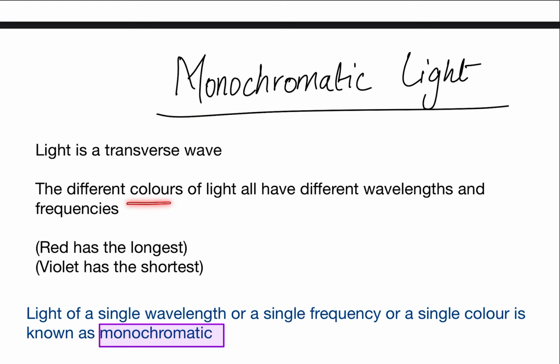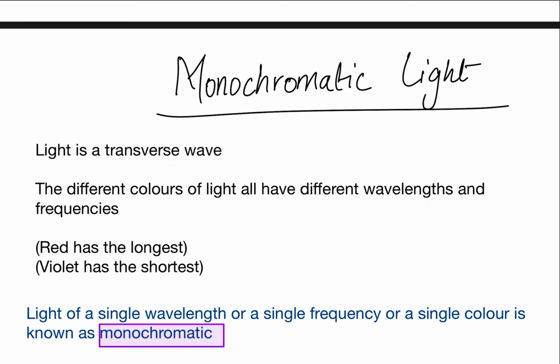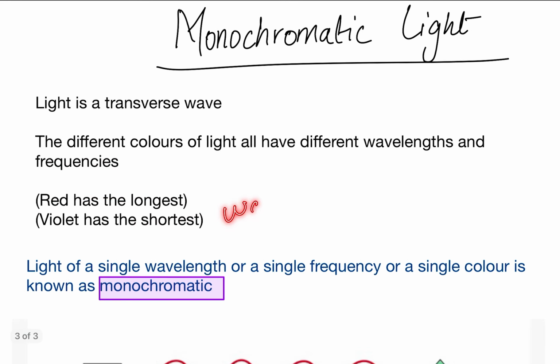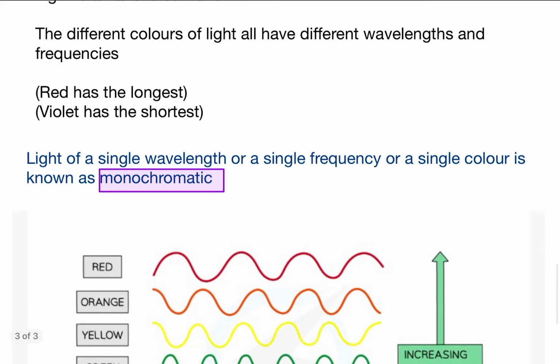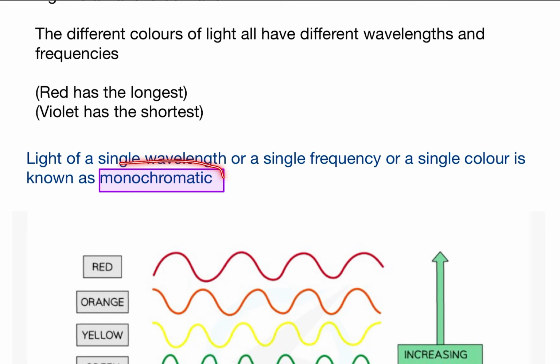The different colors of light all have different wavelengths and different frequencies, as we discussed earlier. Red has the longest wavelength, violet has the shortest. Light of a single wavelength, a single frequency or a single color is known as monochromatic.